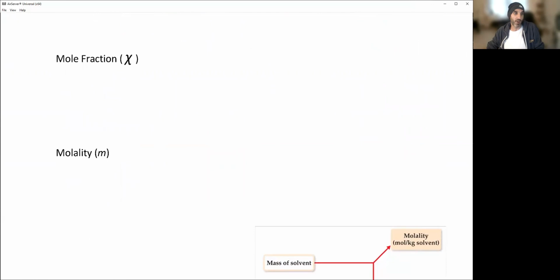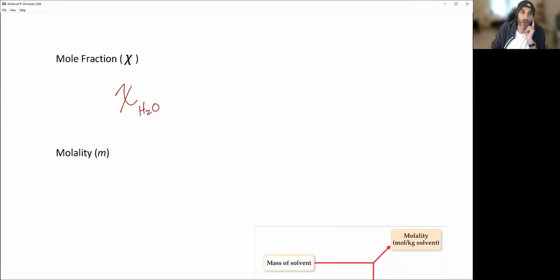So next up, mole fraction. Mole fraction is an important one, and we're going to run into it quite a bit a little bit later when we take a look at some colligative properties. Mole fraction is capital chi. So let's say the mole fraction of some substance, water. We could say A, but let's just say water.